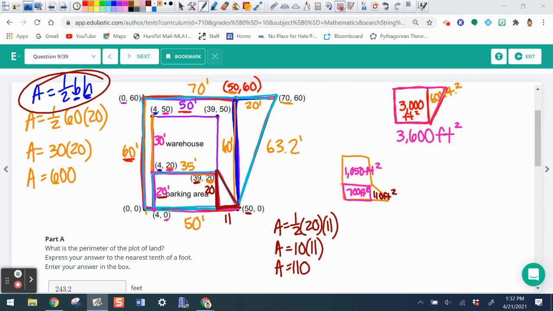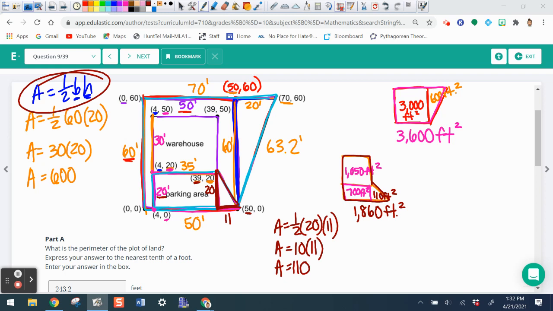So let's combine all of these areas that we just found, 1,050 plus 700 plus 110. And this total area that the warehouse and the parking area take up is 1,860 square feet, or feet squared.